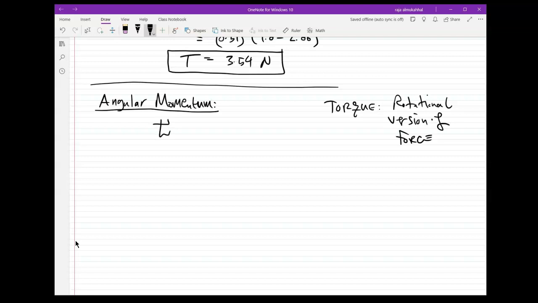When I'm writing, I like to write it this way, a cool symbol, just kind of a shorthand notation for it. So, what is angular momentum? Torque is the rotational version of force. Angular momentum is the rotational version of momentum.